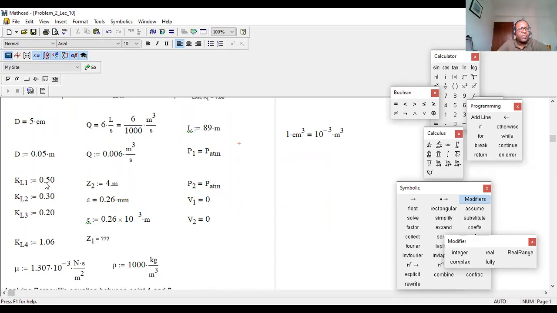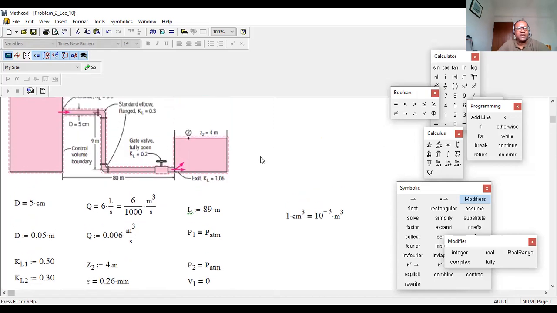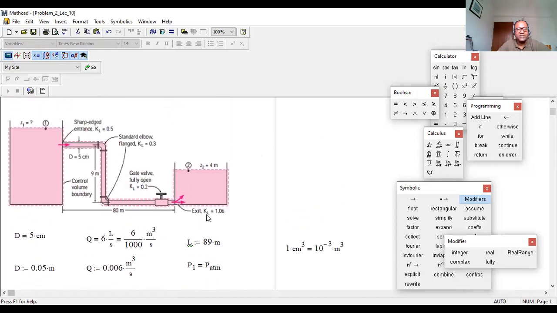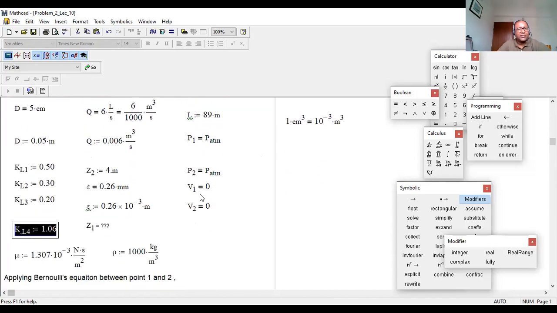So you see KL1 is 1.5, KL2 is 0.3, KL3 is 0.2, KL4 is 1.06. That is already given. It just says KL, but I just put KL1, KL2, KL3. Okay.